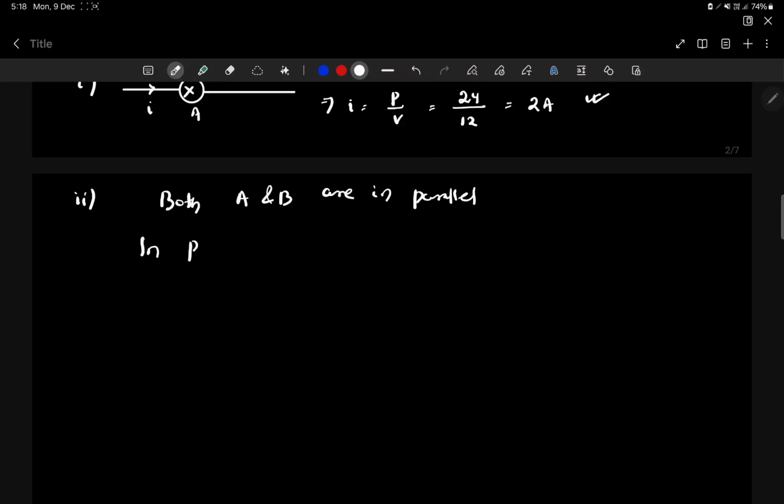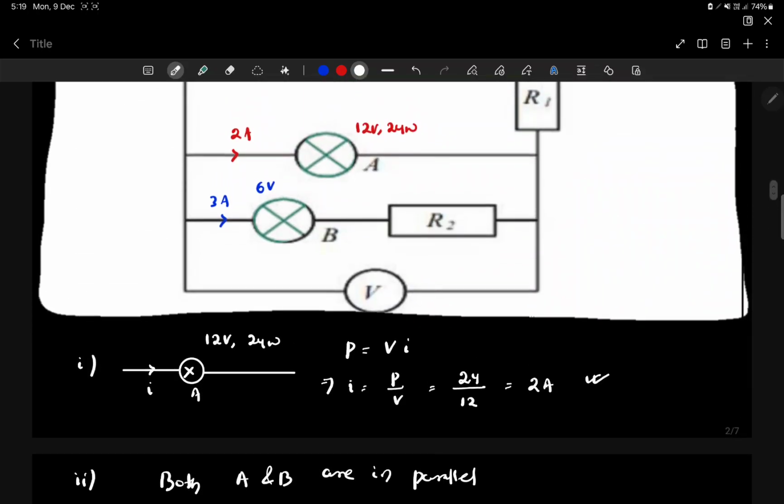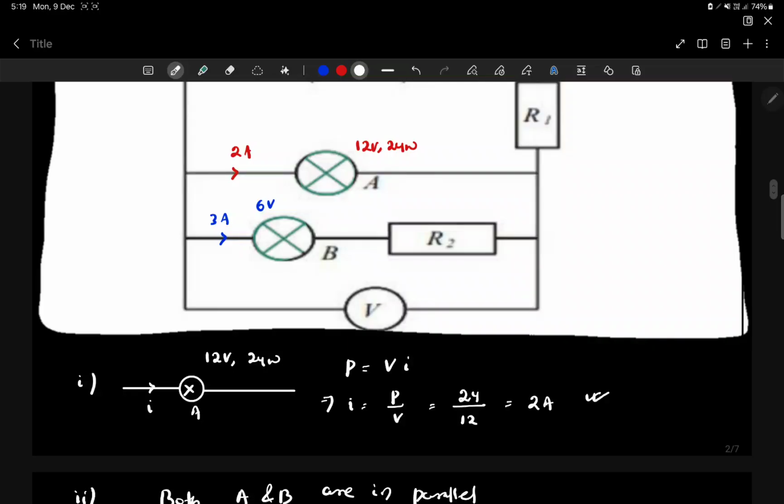In parallel connection, the potential difference V remains the same. That means the voltmeter reading is equal to 12 volt. How is it 12 volt? Now see, lamp A is operated on 12 volt. Yes, it is mentioned in this question.